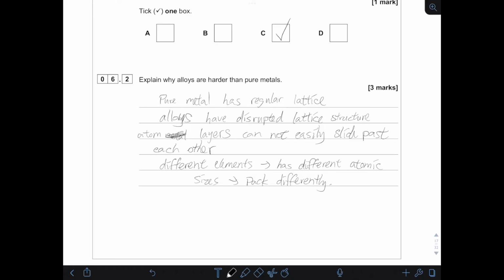So it's about close packing, right? I don't know if it's in the syllabus or not, but you've got close pack, hexagonal close pack, you've got square, cuboid close pack. Those different types of close packing will be disrupted by different sizes of atoms, and that would affect the hardness.